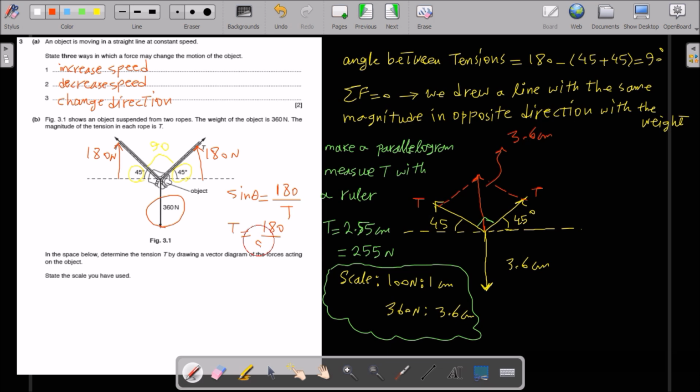Sine 45, again, you can get 255 Newton. So this is the second way to do these questions.